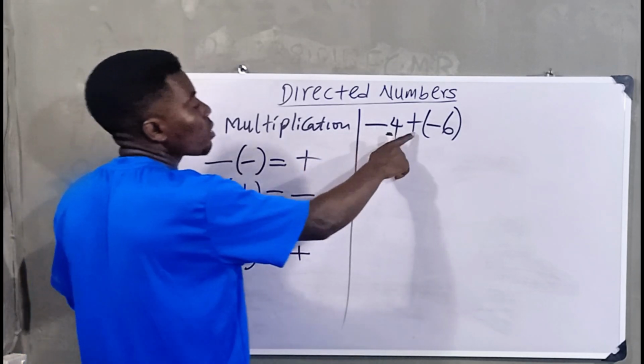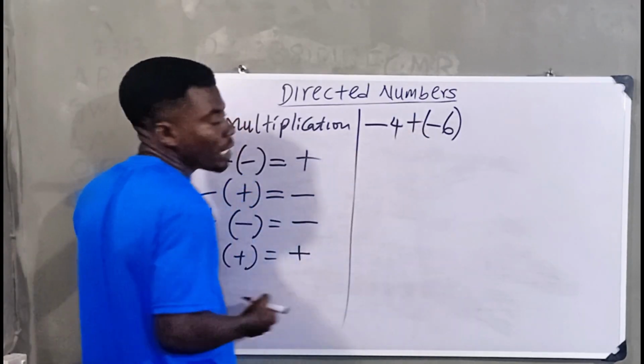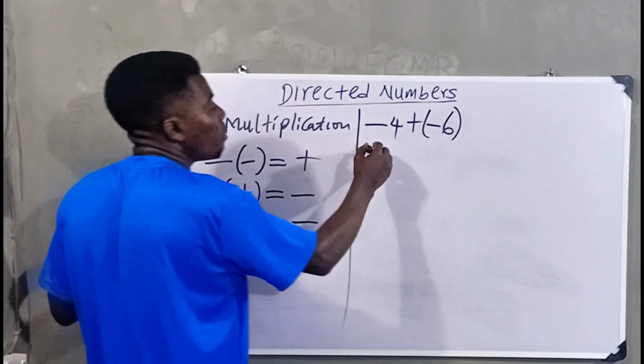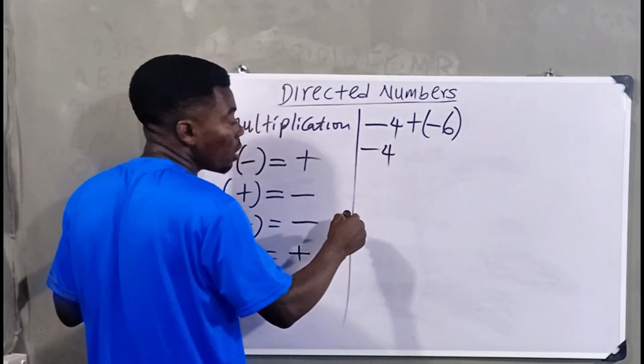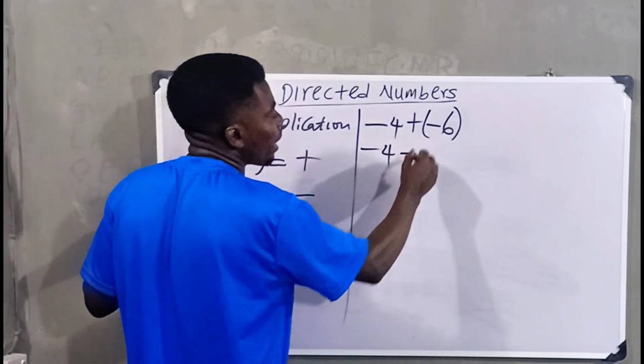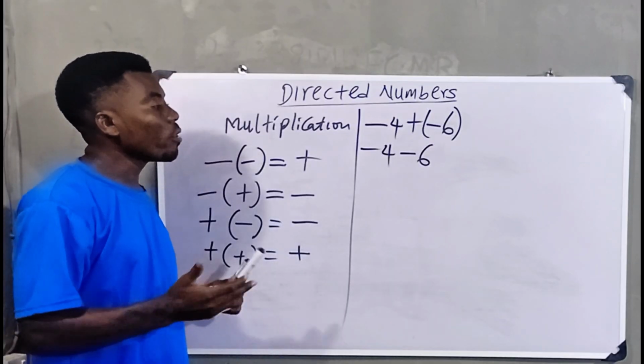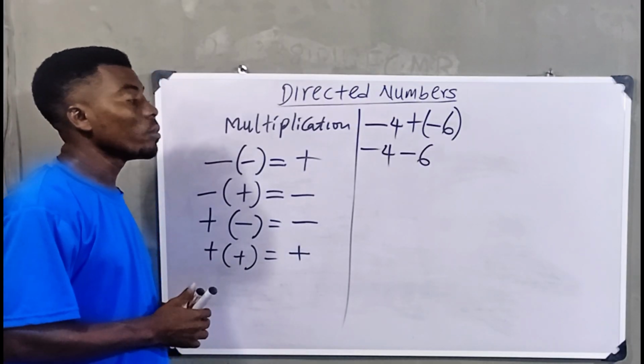So this becomes positive multiplied by negative, and the result is negative. So that means this becomes -4 minus 6.